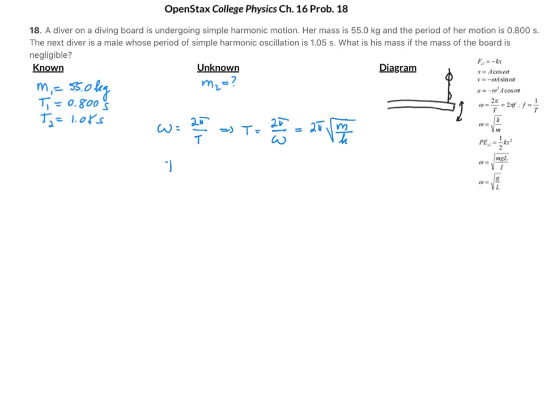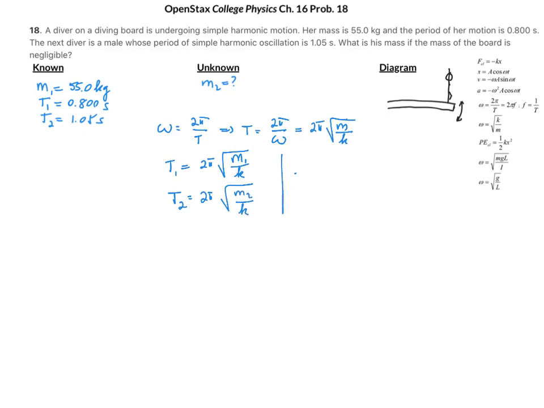So when I write the period of the first diver, I have T1 is 2 pi square root of m1 over the spring constant of the board. Then for the second diver, I have T2 is 2 pi square root of m2 divided by k.